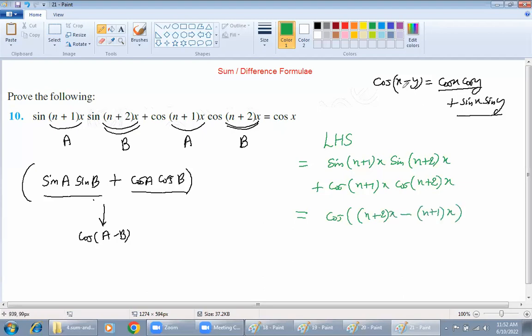That is cos of A minus B. So that is cos of, let us open the inner brackets, n times x plus 2 times x, minus sign will open the bracket with the changed sign. So minus n times x minus 1 times x. And n x cancels with opposite signs. 2x minus x becomes single x. So this is what we wanted, right hand side.